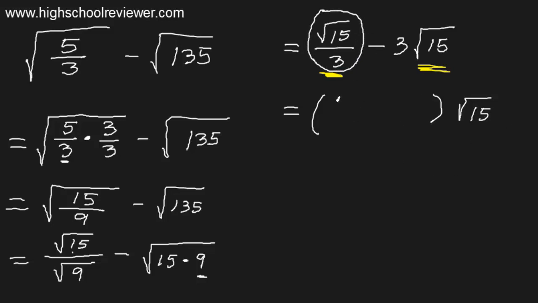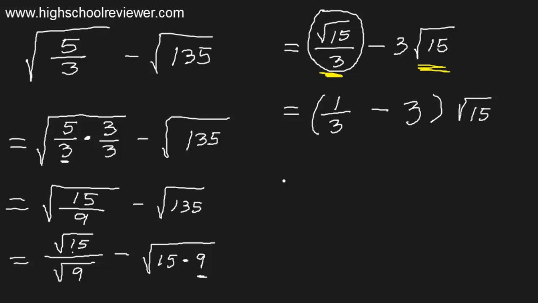So what will be left here will be 1 all over 3. So square root of 15 times 1 over 3 is also equal to the square root of 15 all over 3 minus. So 3 square root of 15 divided by square root of 15, what will be left here is 3. So again, square root of 15 multiplied by 3 is equal to 3 times the square root of 15.